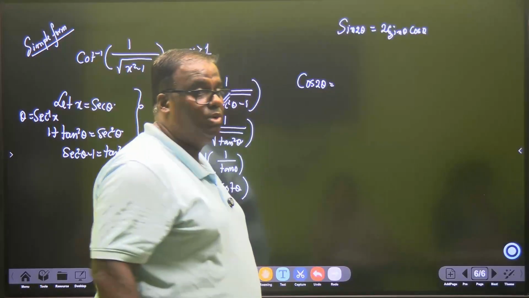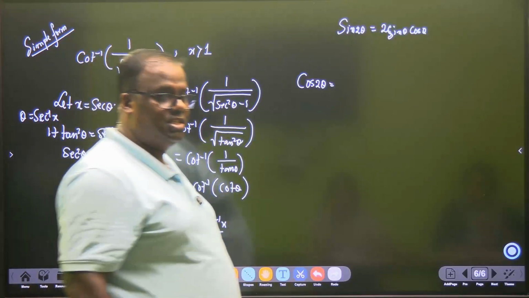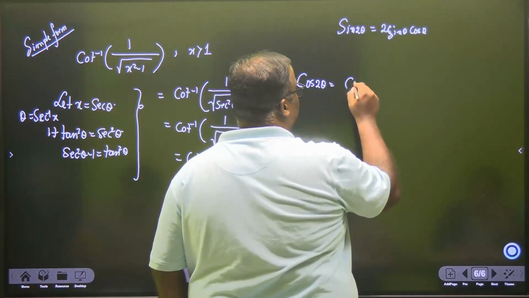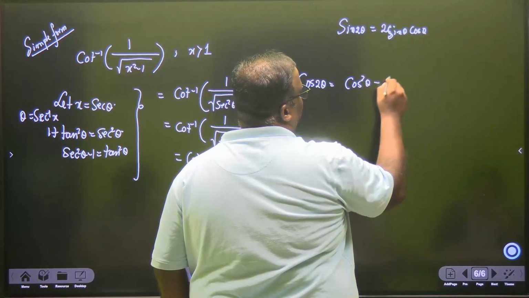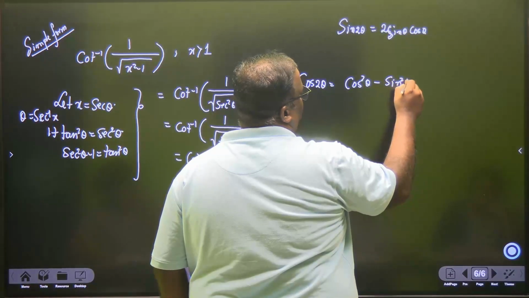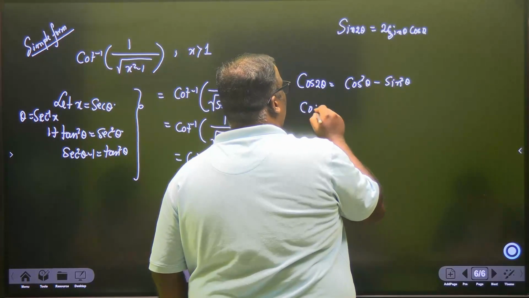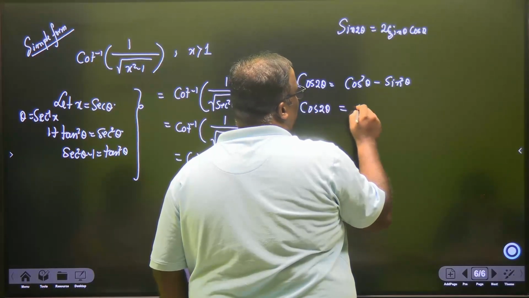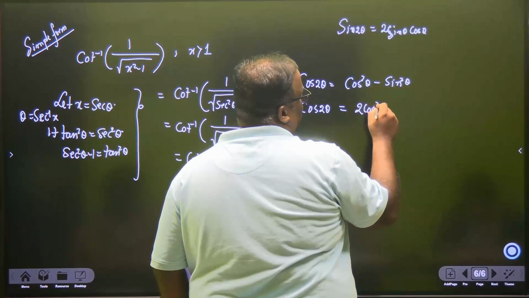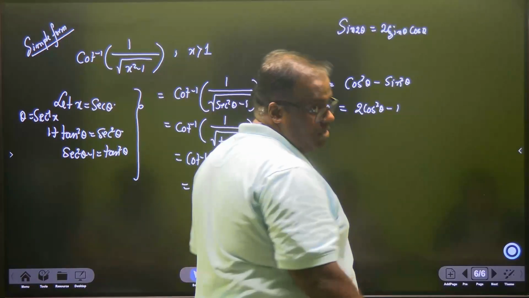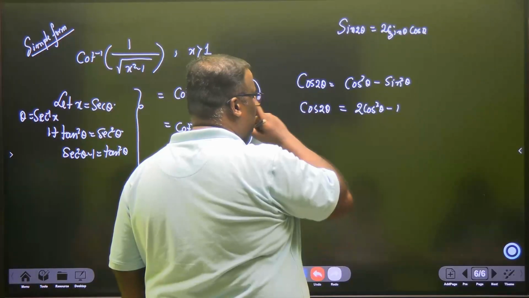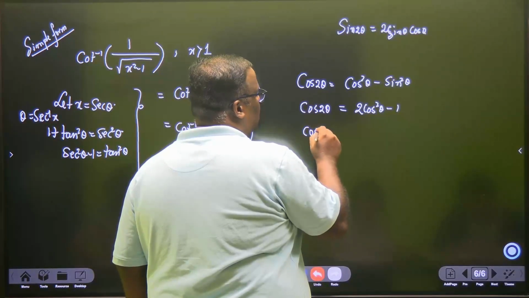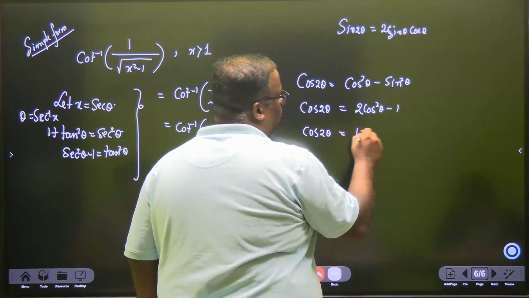If you want to express cos 2 theta in terms of cos and sine, then this is written as cos square theta minus sine square theta. If you want to express it only in terms of cos, then it is 2 cos square theta minus 1.